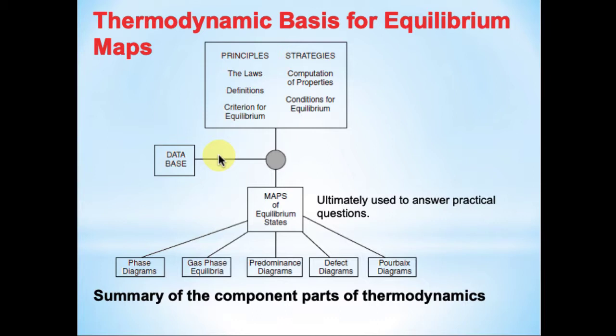Further information is required to treat additional phases that a multi-component system may display, which will be introduced in the thermodynamics of phase diagrams topic. The principles and strategies of thermodynamics put that data into the practical form of equilibrium maps, while the maps provide answers to what will happen questions.